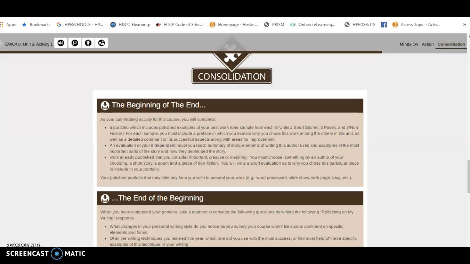So at the end of each unit, you will have written several pieces that can be included in this portfolio. You are going to choose either your most favorite, or the ones that you feel you did the best on, or there's just something about that piece that you would like to include to demonstrate your best work.